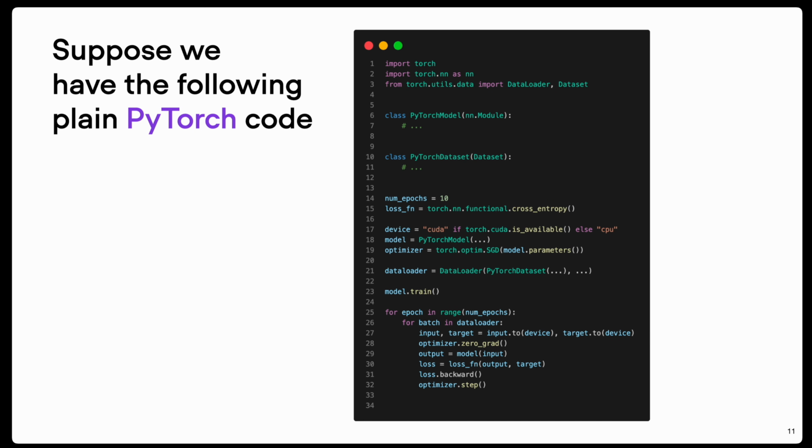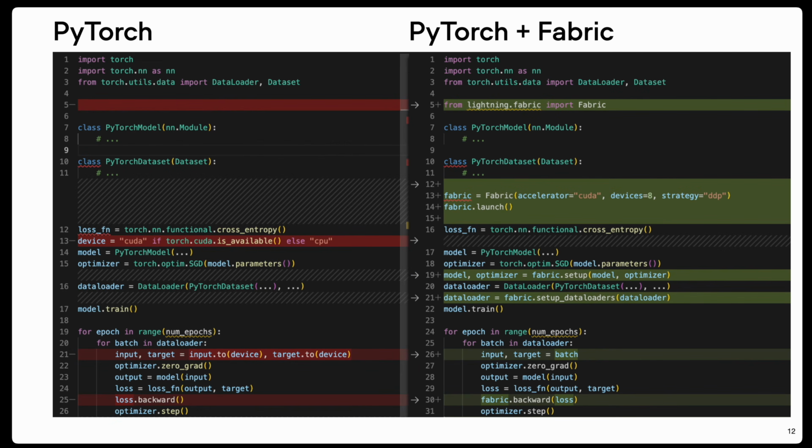The main part I wanted to focus on is the little changes that we have to make when we want to use Fabric, which in turn allows us to use a few more of these advanced features in PyTorch more conveniently without having to restructure any of this. Highlighted here are the small little changes that I was just referring to.